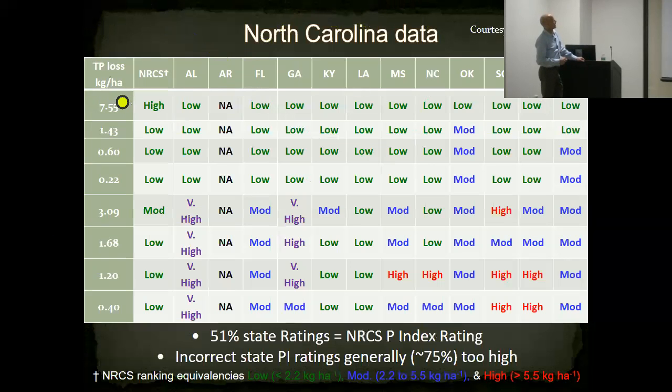But just to give you an idea, here's what the measured loss was, and then the NRCS rating, what their proposed or suggested thresholds would be, and then what each index assigned it as. Okay, so 51% of the state ratings corresponded to what NRCS would have rated, what the observed value was. And when a state index was wrong, it generally over predicted the risk.